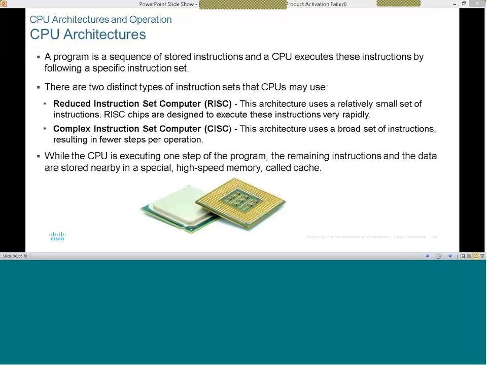That means these are the kind of instructions that will guide the CPU on how to fetch, decode, and execute instructions. And if you want an environment where it has to be few steps per operation, gradually, then the CPU is configured to work with the complex instruction set process.